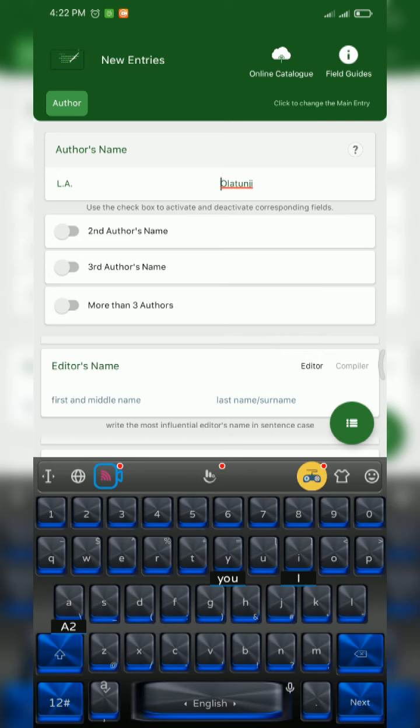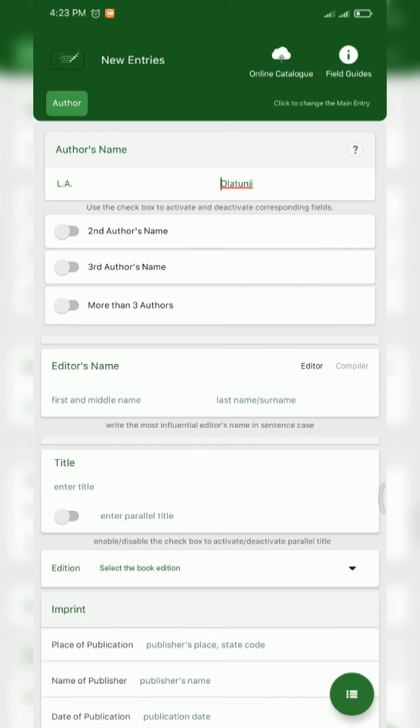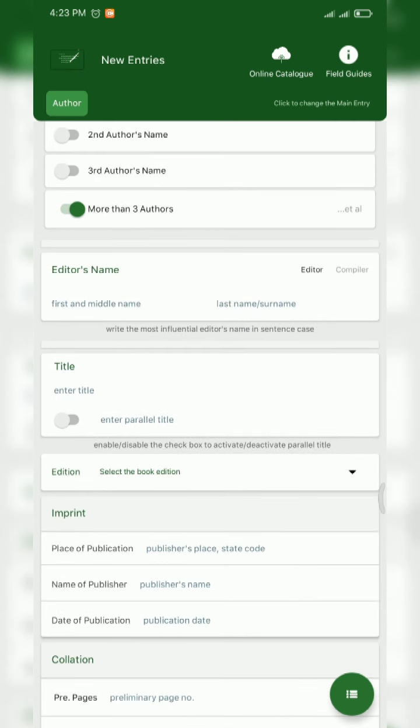Since it is a book with more than 3 authors, what you just have to do is activate the switch here, more than 3 authors. That's all. There is no editor name given, so we skip that.